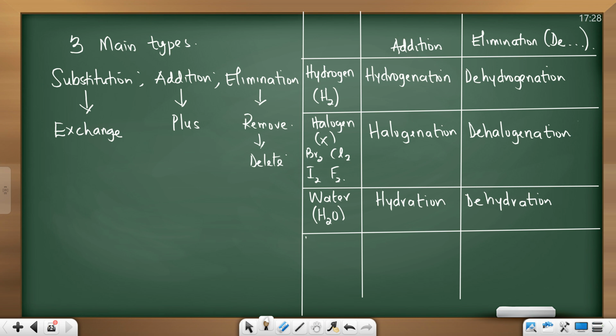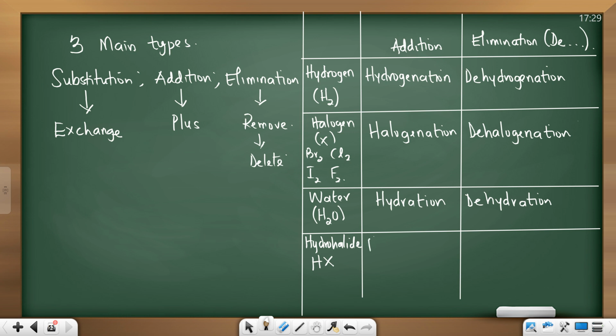I can add hydrogen halide. What is a hydrogen halide? It's a hydrogen and one halogen. Remember your X is the halogen. So hydro from hydrogen, halide from halogen.